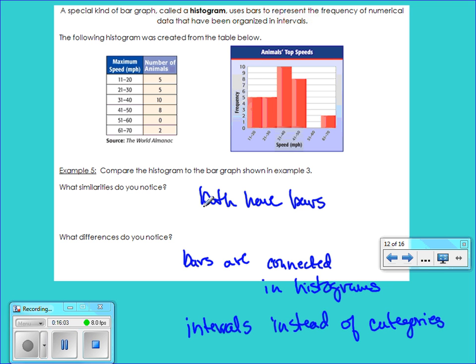Yes. Okay. Both have a quantity that they're comparing. And which axis would this be? The y-axis. And this is the x-axis. Okay?